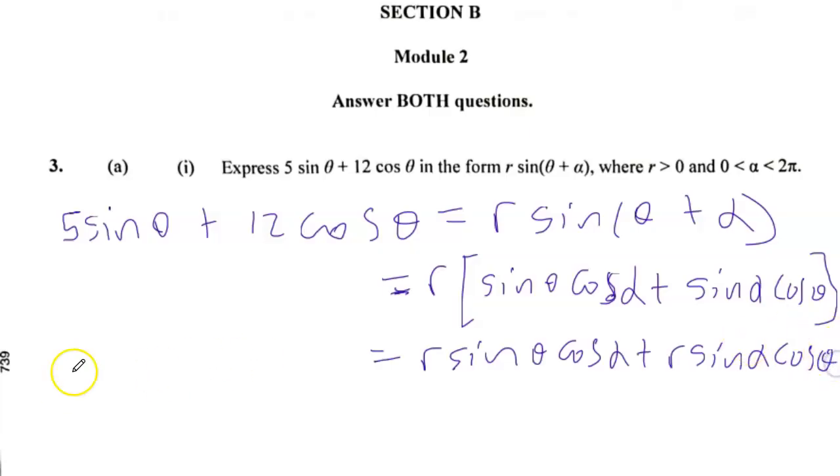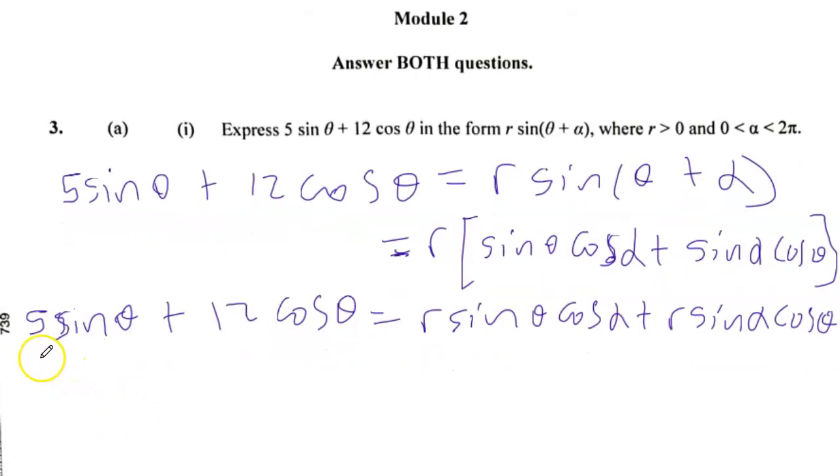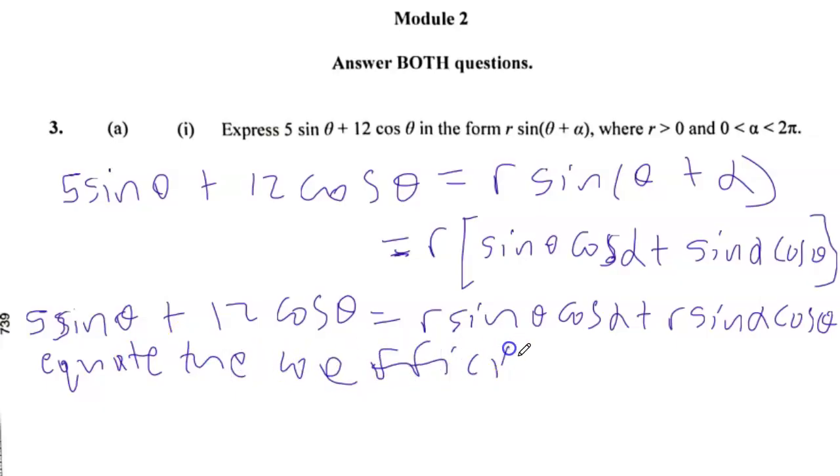And of course on the left hand side it's still 5 sine theta plus 12 cos theta. So we can now equate the coefficients for like terms, for sine theta and cos theta.